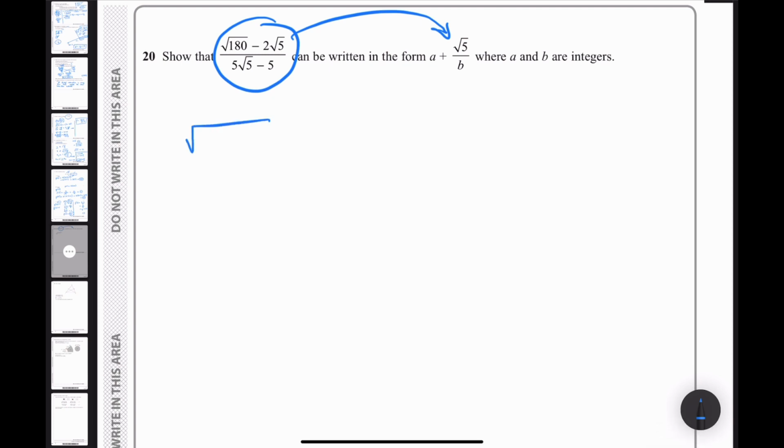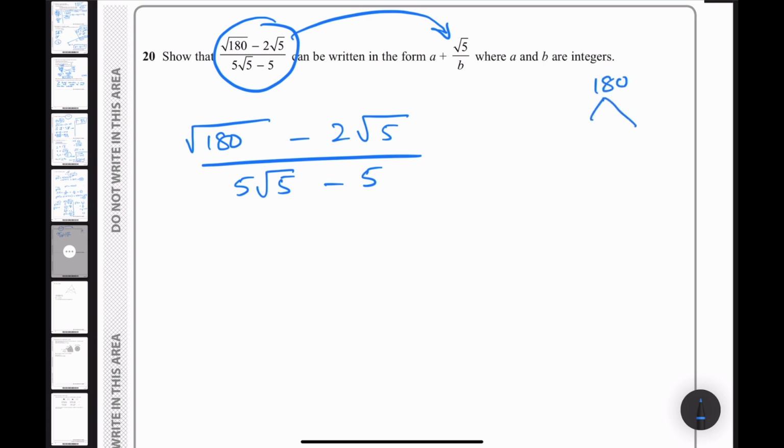So square root of 180 minus 2 square root 5 divided by 5 square root 5 minus 5. We can write 180 as, let's split 180: 2 times 90, 2 times 45, 5 times 9, then 3 times 3.